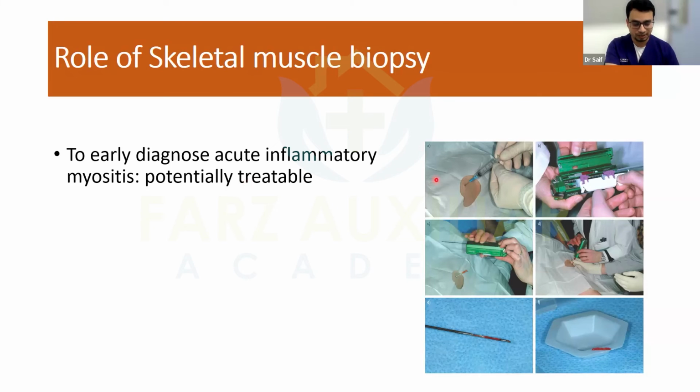Risk has to be explained to the relatives. Okay, but you have to rule out other causes as well. But if inflammatory myopathies or myositis are strongly suspected, it is a good indication for the skeletal muscle biopsy.